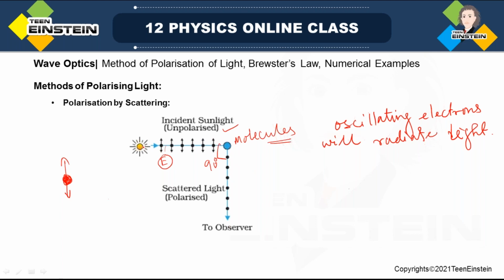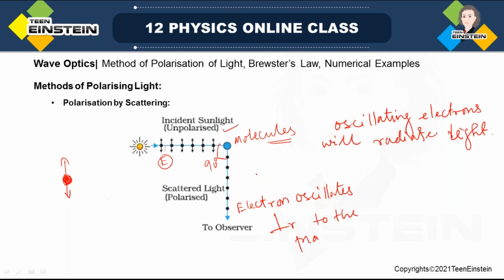Now if you keep an observer perpendicular to this incoming ray, you will see one particular vibration, because in this direction the electron oscillates perpendicular to the plane of the paper.